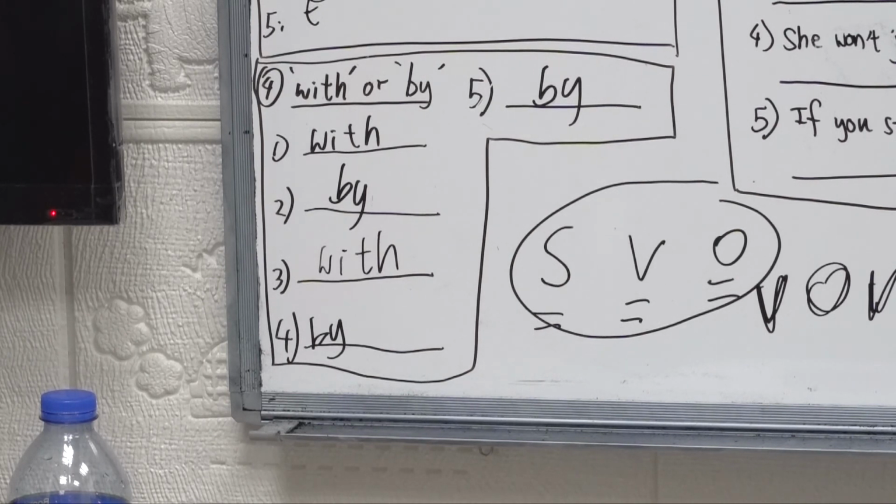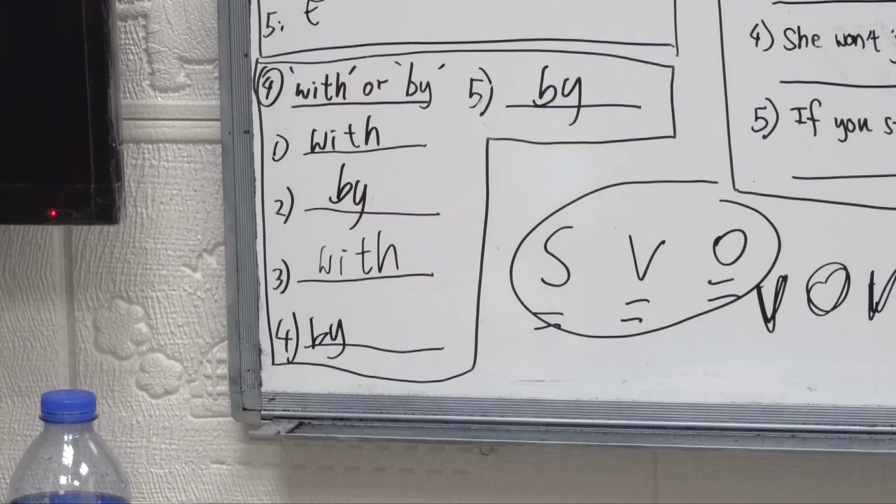Alright, so if you understand Kotick, can you give me the differences between with or by then? By is something you get from someone. Okay. And with is you make it together. Alright, good.